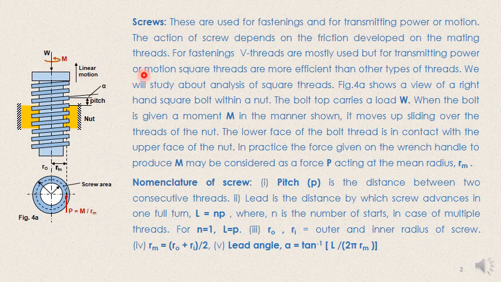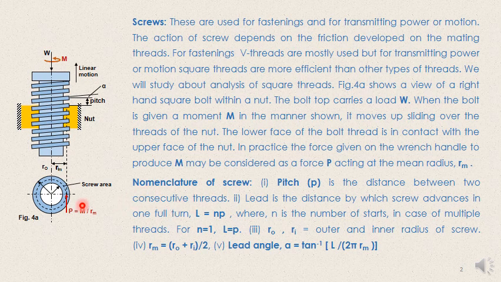From the handle we apply a force P. So by applying force P on the handle, the wrench gives a moment in this direction for this particular figure. So if we want to rotate this by a wrench, then we should have a wrench like this.